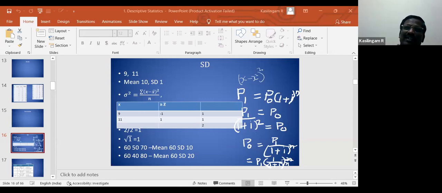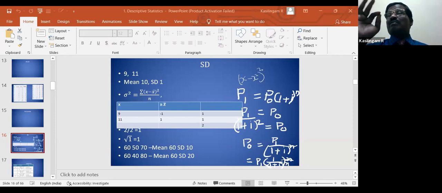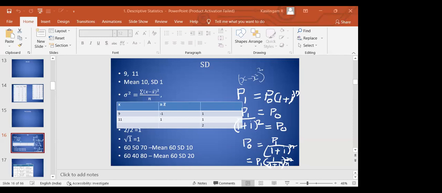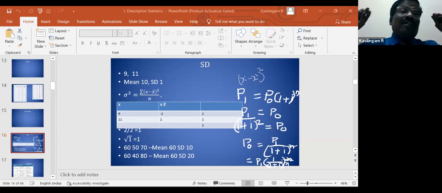The same for interval and ratio: we take the average, adding and dividing by the numbers. So the treatment given to interval and ratio is the same. One thing you should not forget, I will test you tomorrow: how to identify nominal and ordinal. That is very, very important.